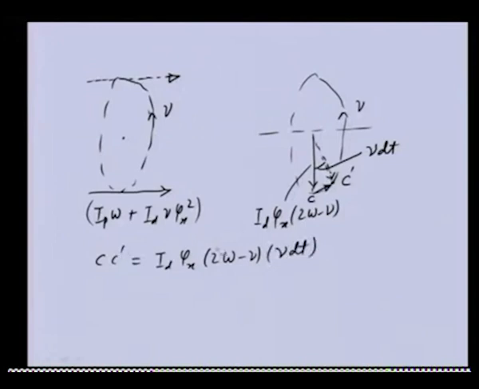So this is the change in angular momentum, and the time rate of change of angular momentum we can get if we divide this expression by delta t. So that will be this. Basically this is nothing but the gyroscopic moment.